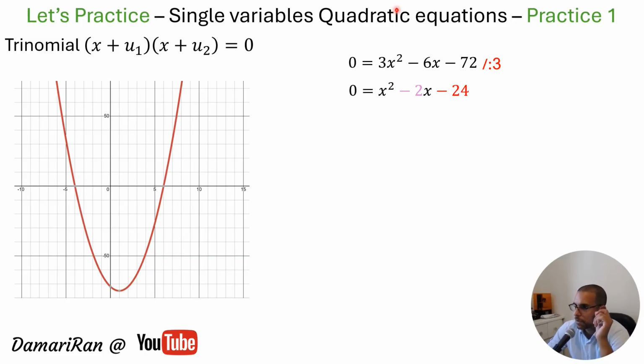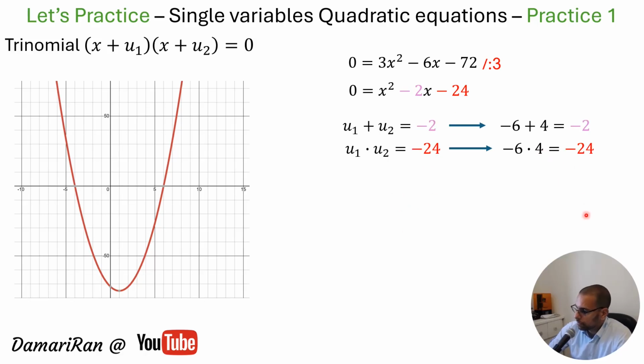Pause the video. Great. All right, so I assume you did it, and let's continue. Two numbers that we add up to get minus 2, and when we multiply them, we get minus 24. I have these two numbers, and this is what you get also, I hope. Now, let's put them into a trinomial shape.